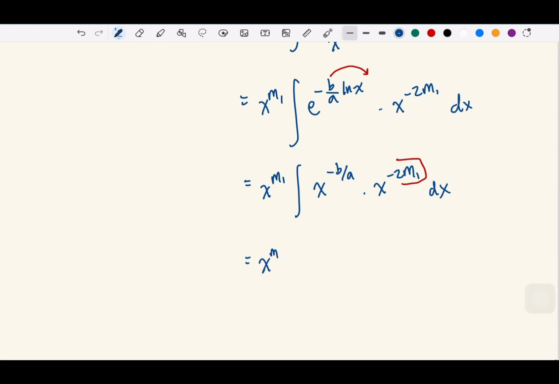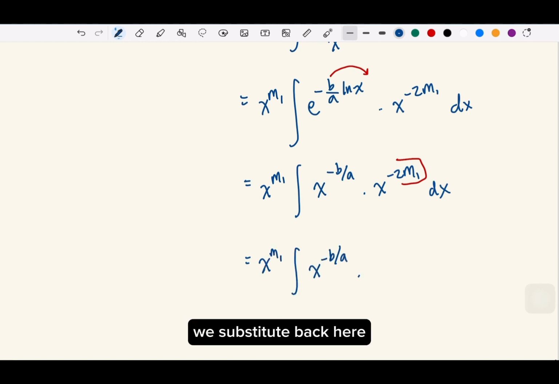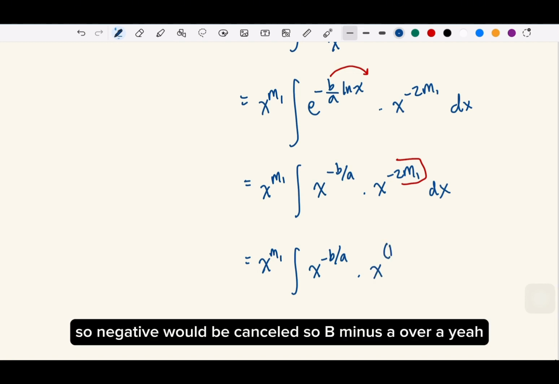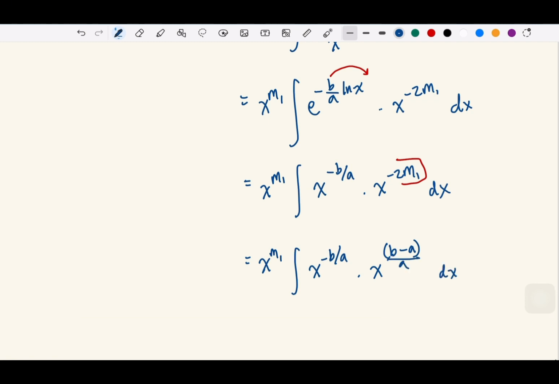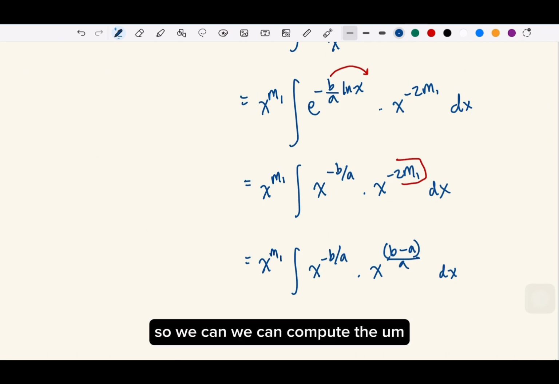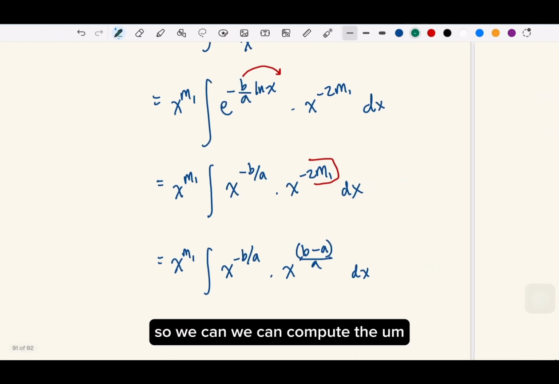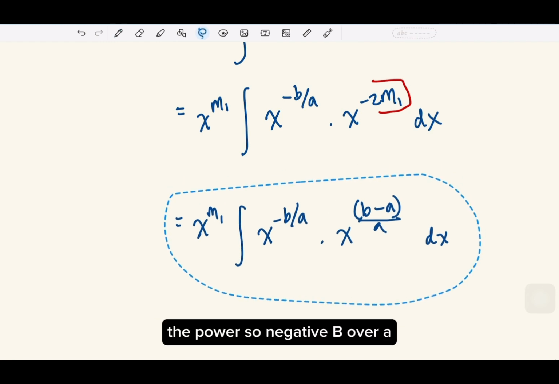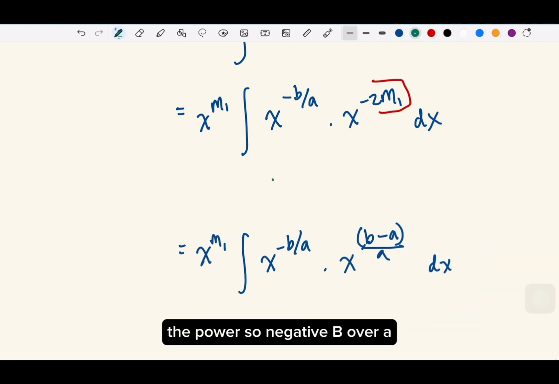We substitute back here. So the negative will be cancelled, so (b minus a) over a dx. Now we can compute the power: negative b over a plus (b minus a) over a.